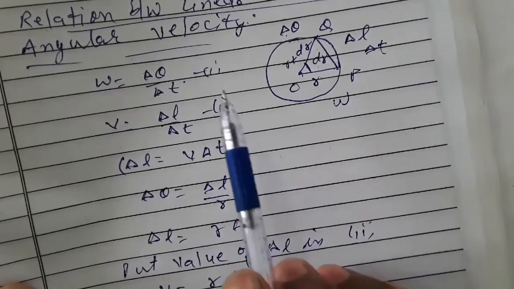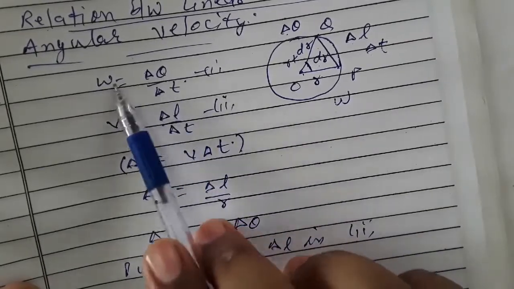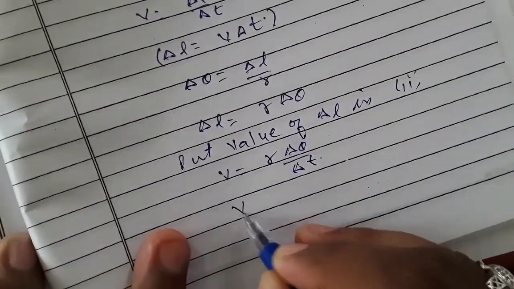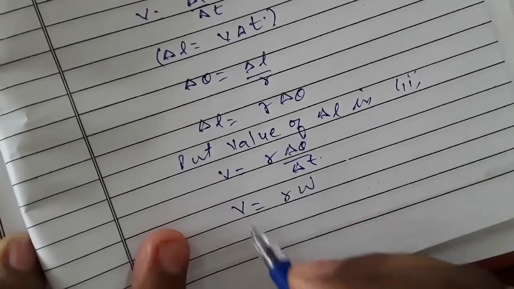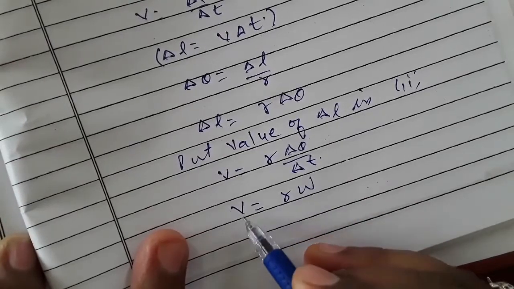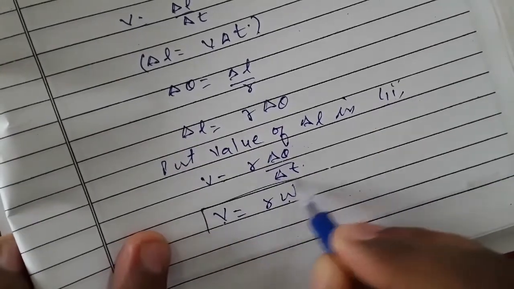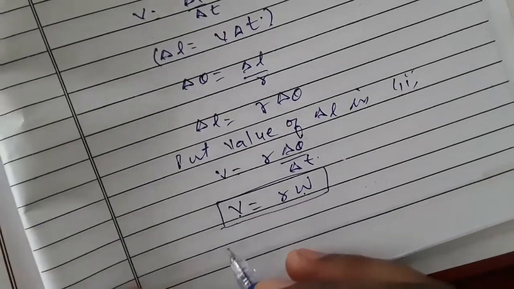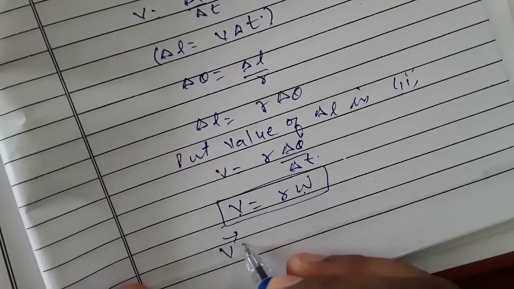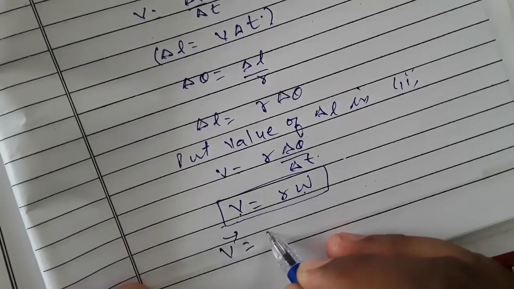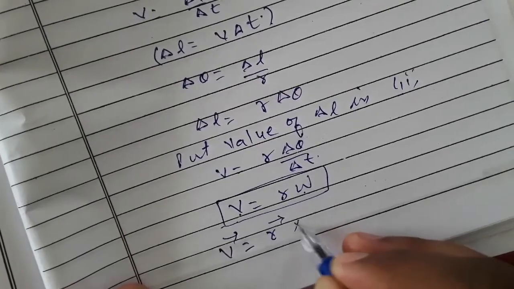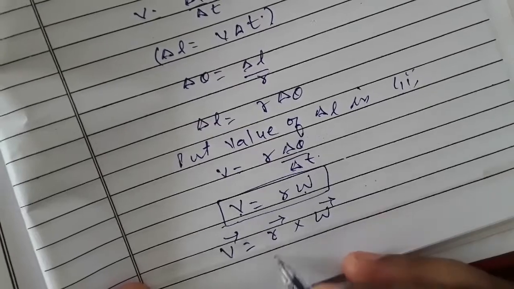According to equation number first, delta theta upon delta t is equal to omega. So v is equal to r into omega. This is the relation between linear velocity and angular velocity. In vector form, we can write v vector is equal to r cross omega. This is called the vector form.